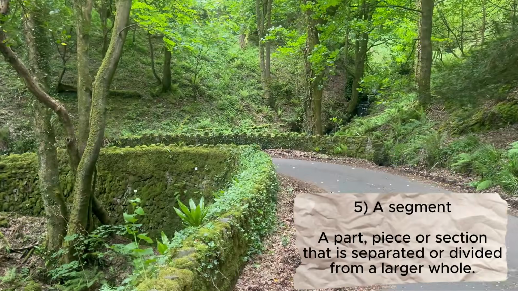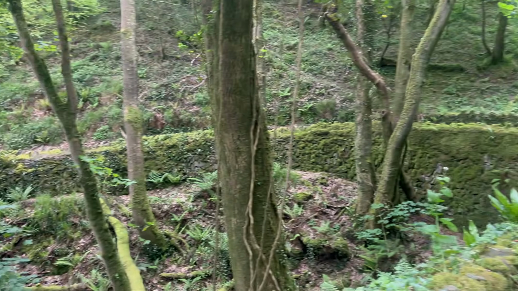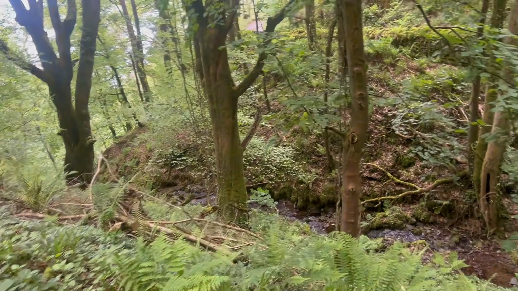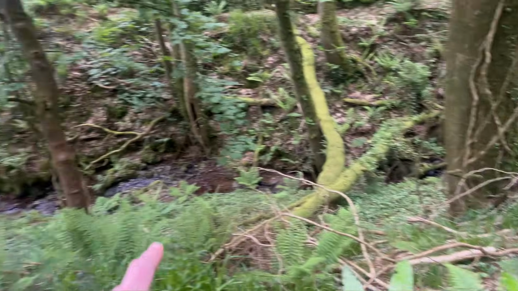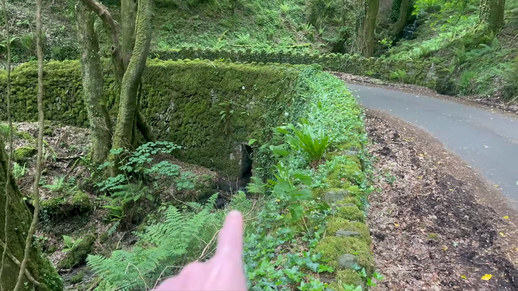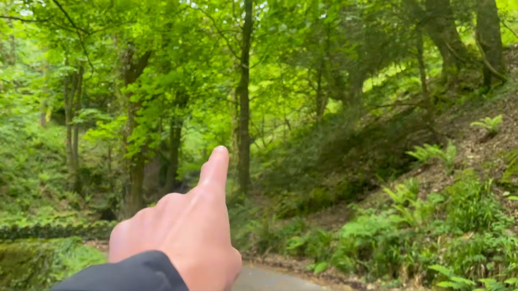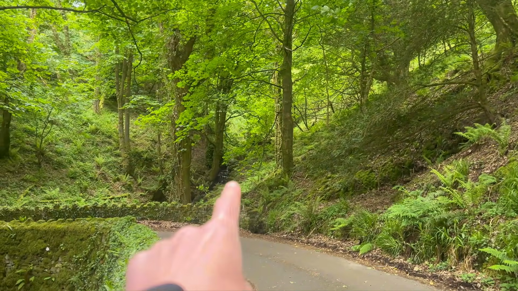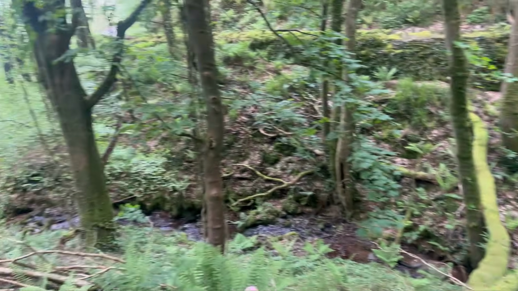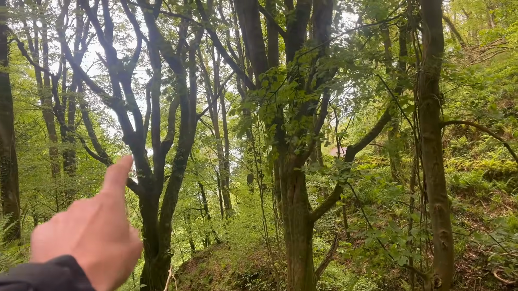Now this is pretty cool if you ask me. So if we come round here, you can see down there that there is a river that is coming under the road. So it's starting from all the way up there, and you can just about see a little waterfall, and the water is coming all the way down, and it will eventually go out to the sea.